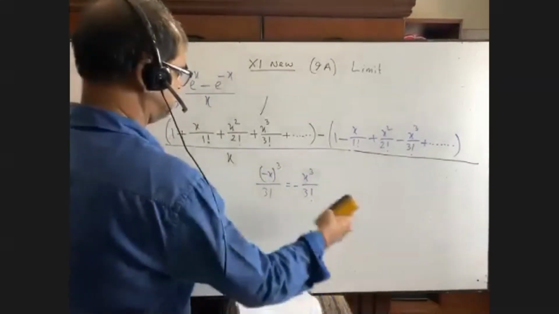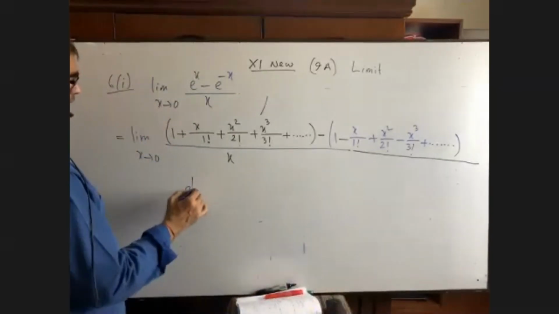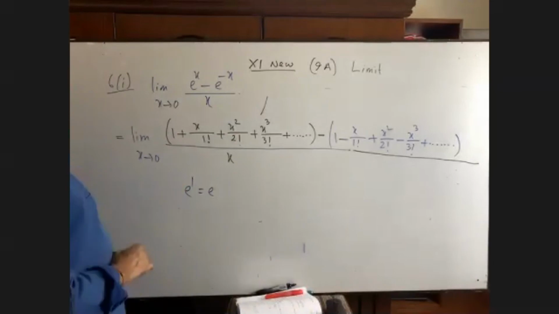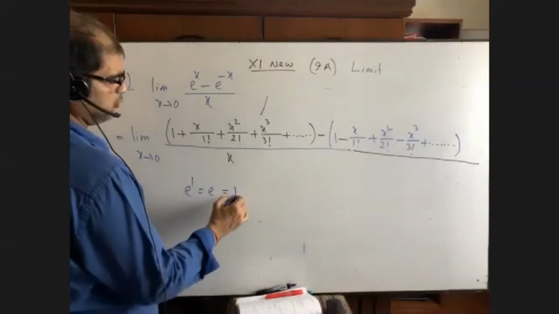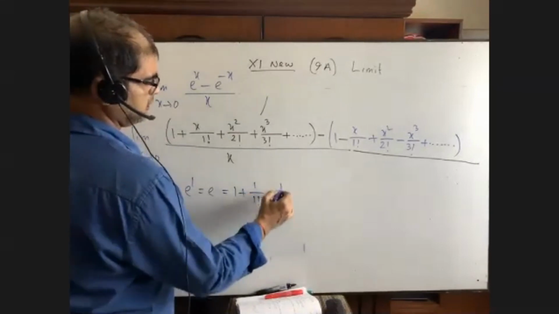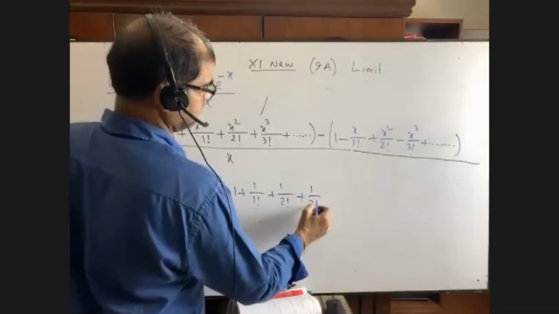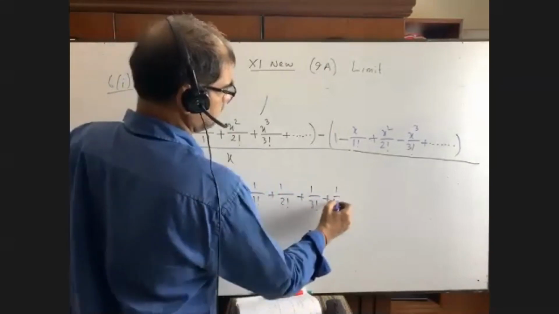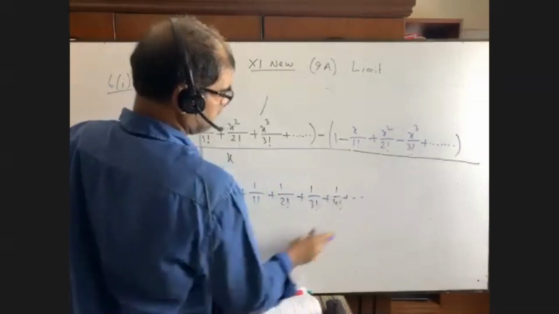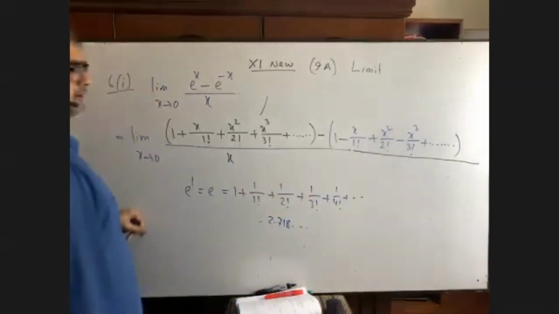In class 9 and 10, suppose I showed you what is e to the power 1. That means what is e. Can you please remember what is e? 1 plus 1 by 1 factorial, 1 by 2 factorial, 1 by 3 factorial, 1 by 4 factorial. If you go for adding this part, you will get 2.718 something.